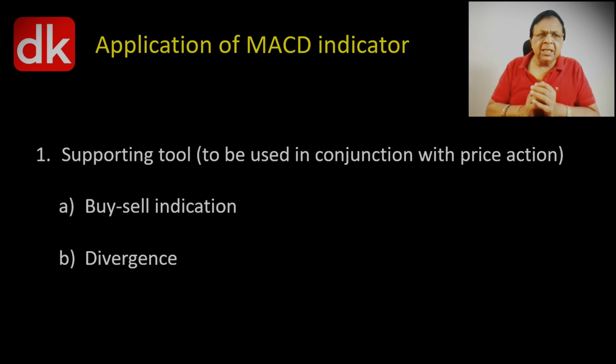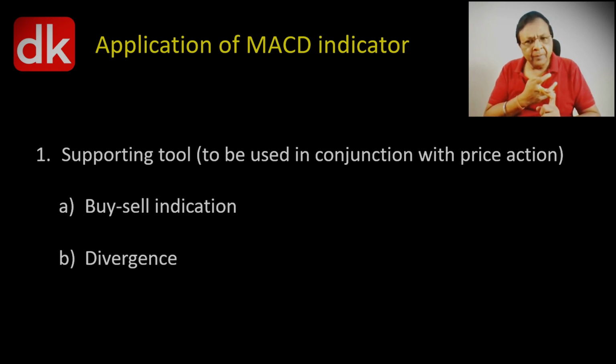So the application is broadly categorized into two parts. It gives a buy and sell signal whenever the MACD line crosses over or crosses under the signal line, and second is the divergence.